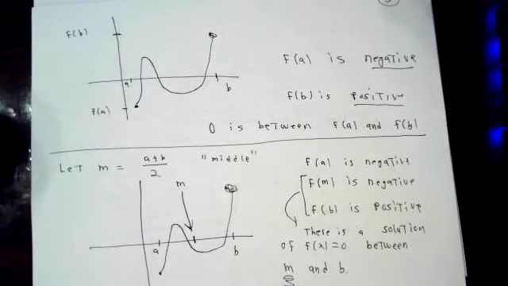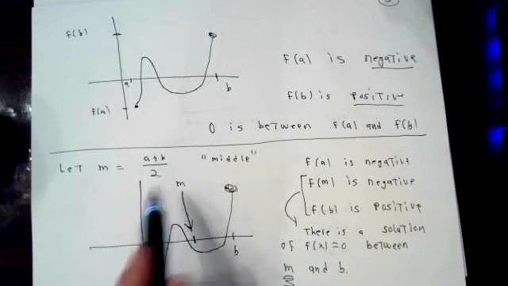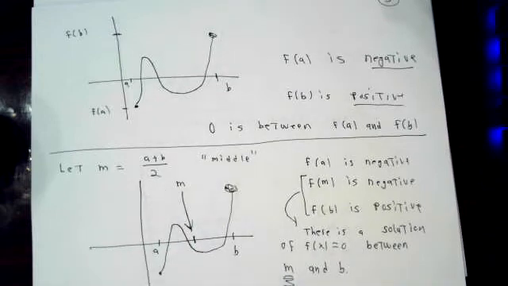So what people could do is, we can find the middle of the interval from a to b. We can average the a and b together. This will come back and complicate things later, but we'll see that when we get there. Find the middle. Now, the function value at the middle, excluding for the moment the possibility that it's actually 0, f of m is either negative or positive.